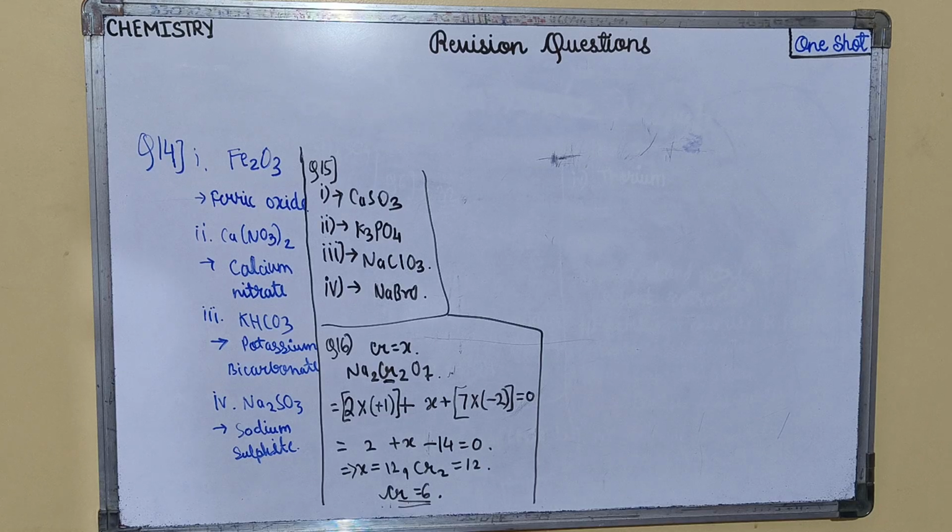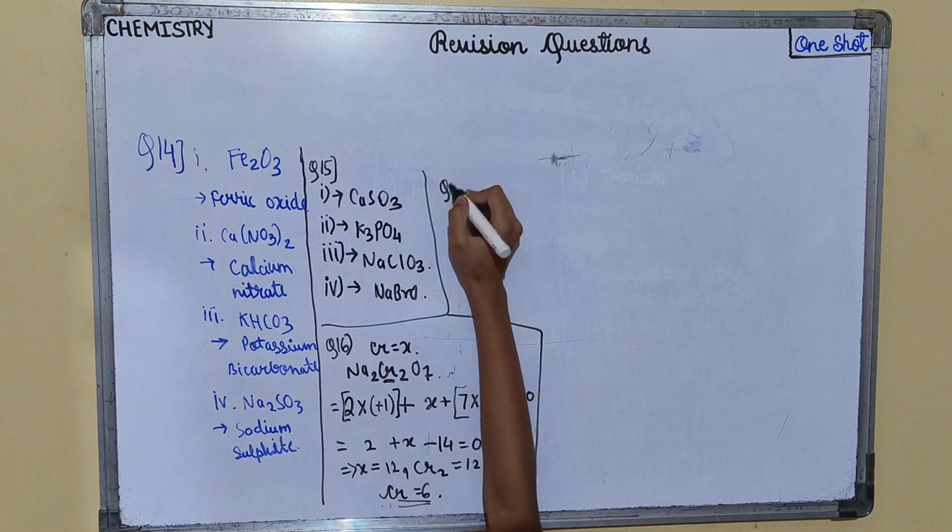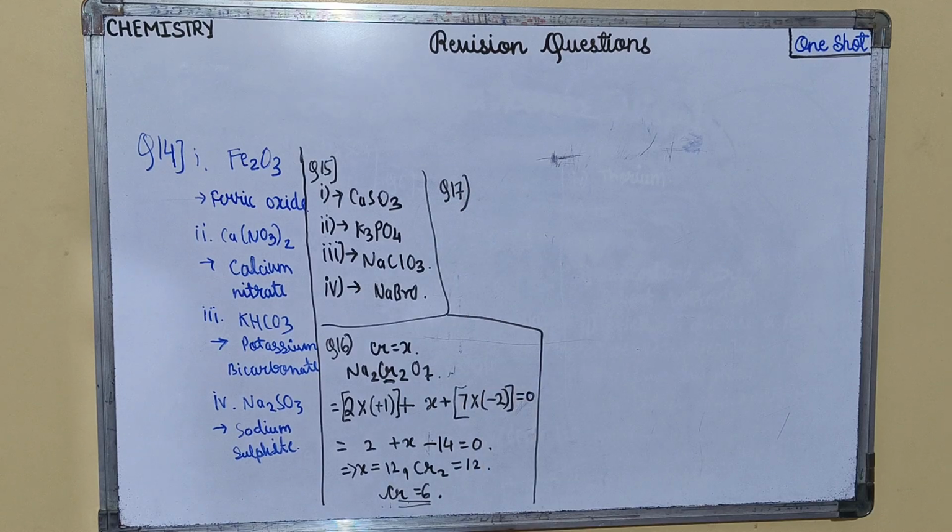Next question is the molecular formula of a compound is expressed in the form CnH2n plus 2. If molecular weight of compound is 86, find empirical formula and molecular formula of the compound.